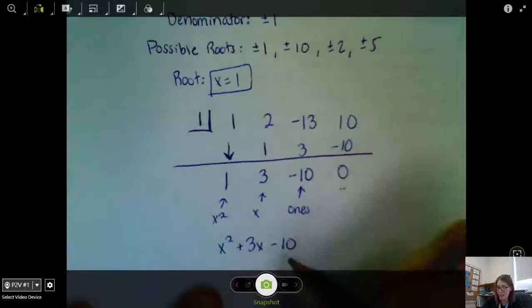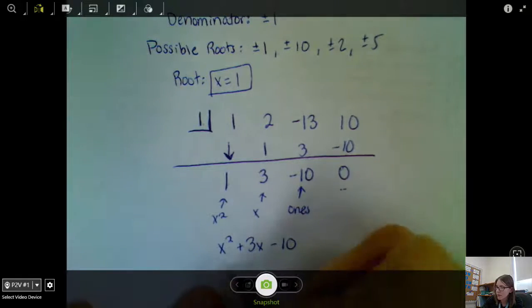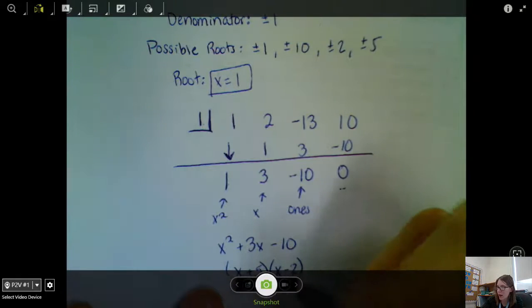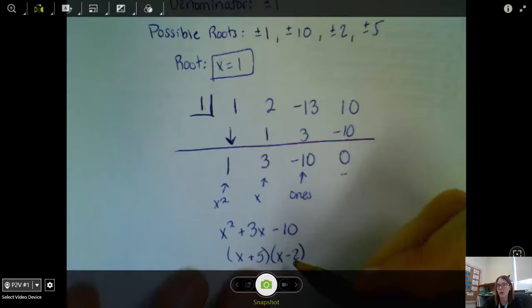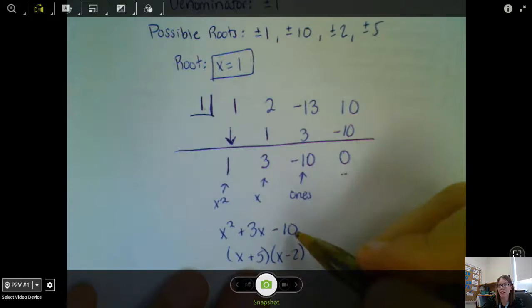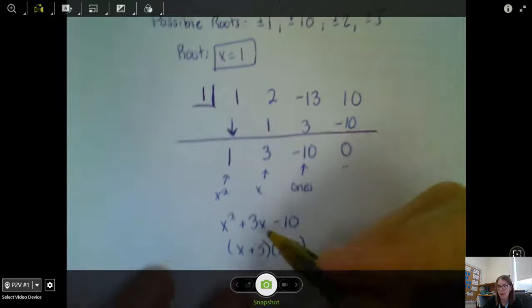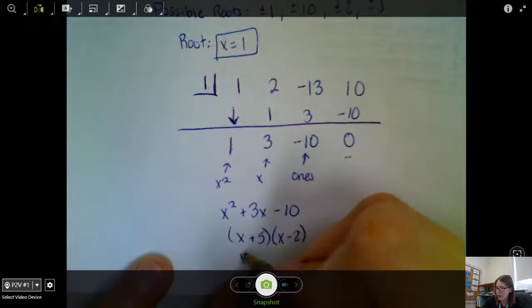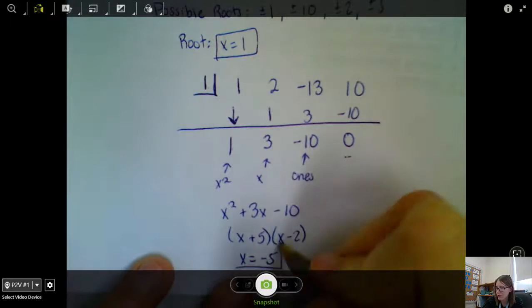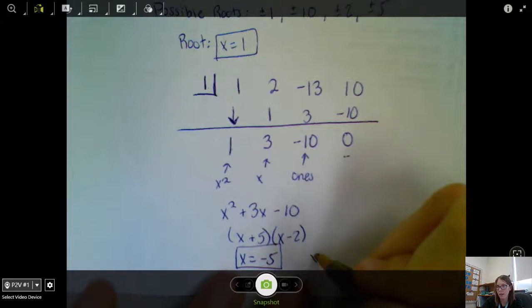This factors nice and easy. X plus 5 times x minus 2. Because positive 5, negative 2, they multiply to give me negative 10, add together to give me positive 3. So my other roots are at negative 5 and at 2.